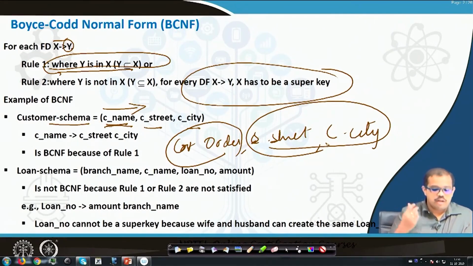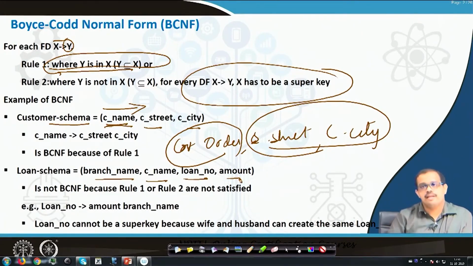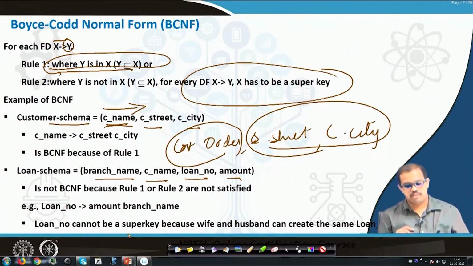Now, another very good example that can be taken is a loan schema. If you have a branch name, customer name, loan number and amount, this also cannot be in BCNF or in the third normal form. Why? Basically it does not satisfy both the rules. For example, on the second rule, loan number cannot be a super key here. What are you trying to define here?